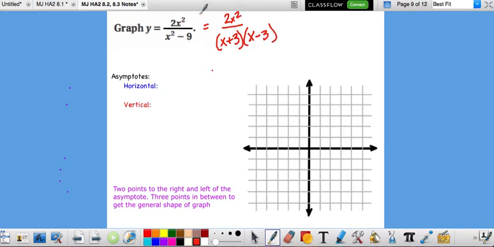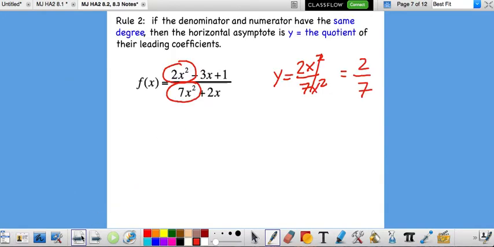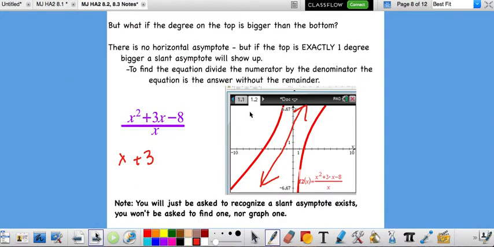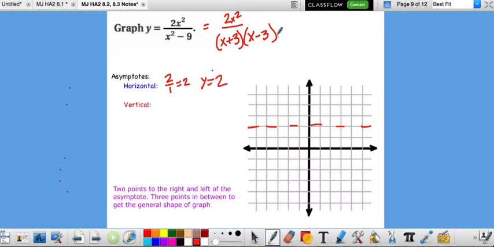Our horizontal asymptote, since our degree on top is the same as the degree on bottom, we would divide 2 by 1, which is 2, so y equals 2 is our horizontal asymptote. That is rule 2, since the degrees match. We have two vertical asymptotes because we have two zeros, so x equals negative 3 and x equals 3.